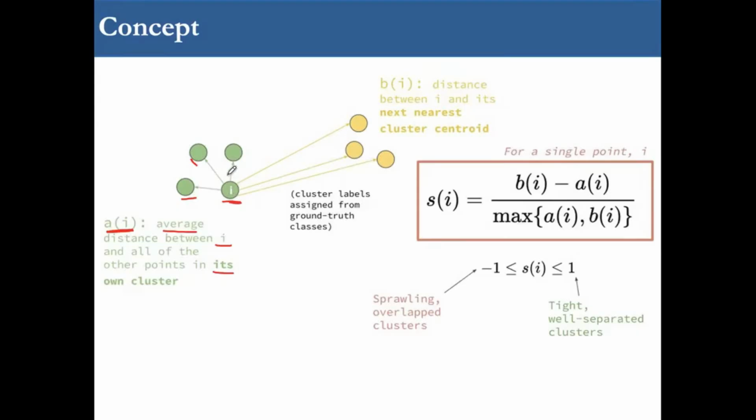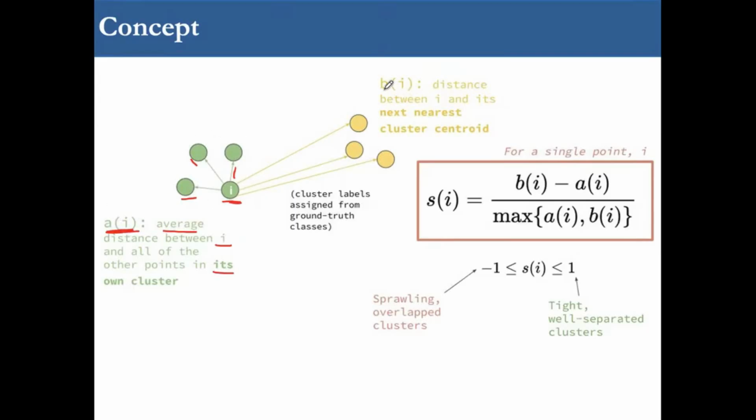We'll find the distance between these data points, and we'll be taking the average of all the three values. That is said to be a(i). These all belong to the same cluster.